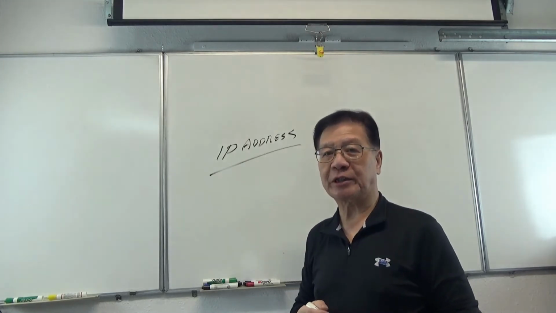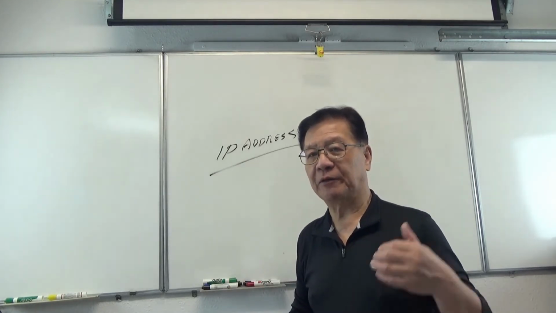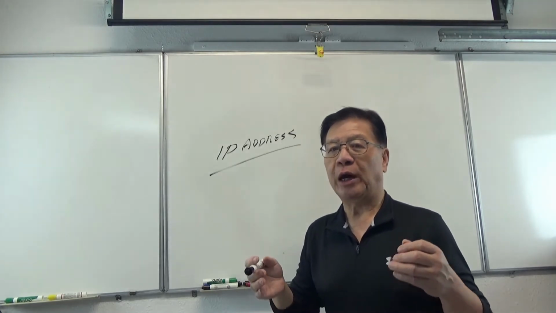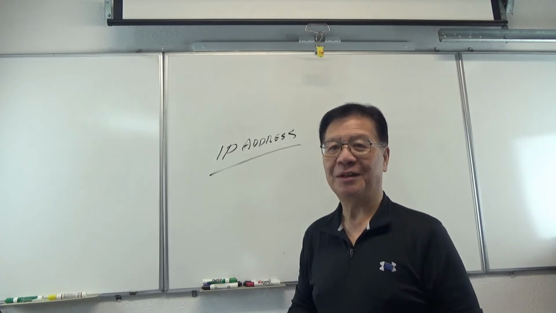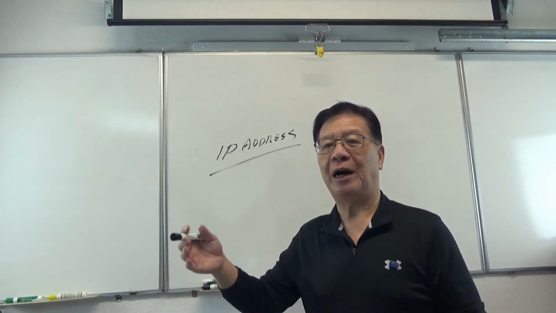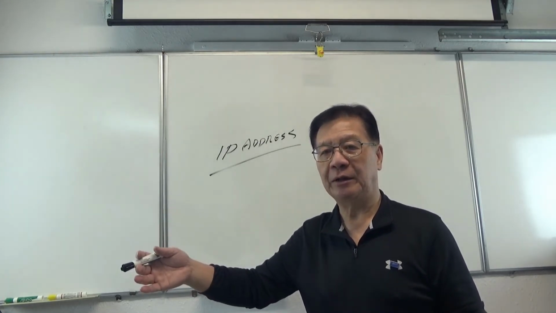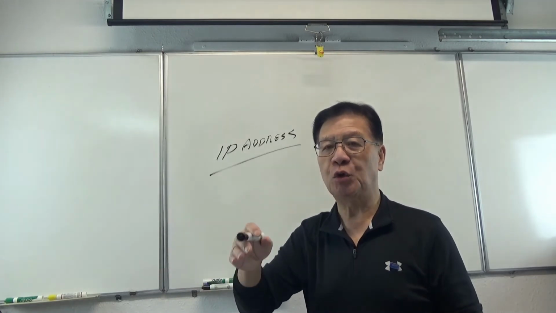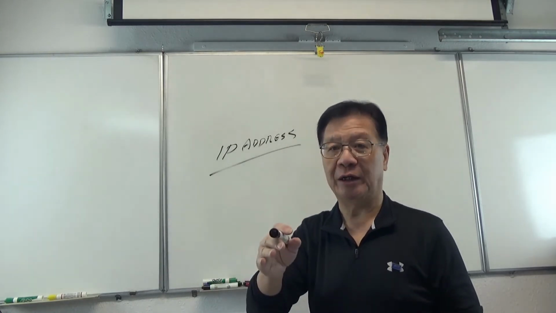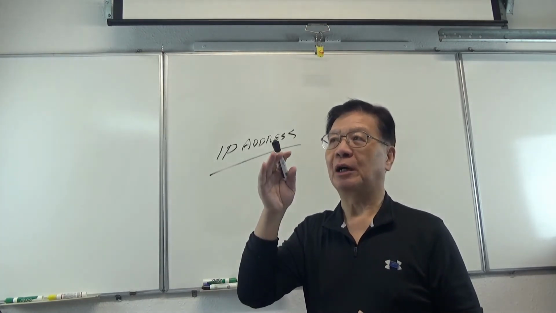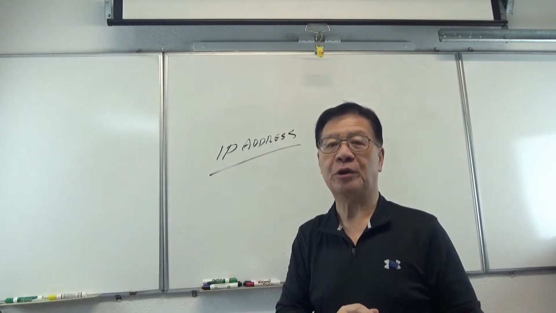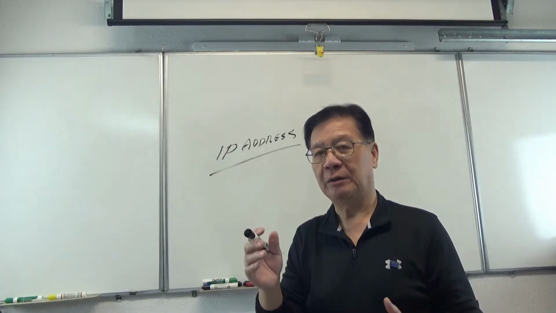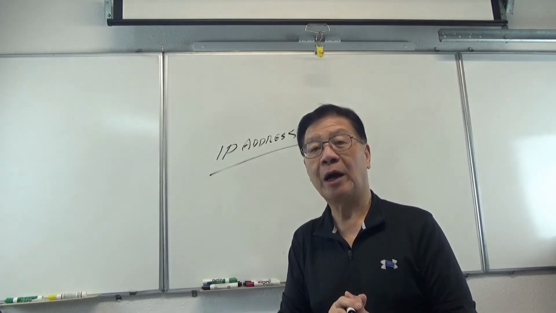Now, about the IP address, just like I explained in the last 2 sessions, we have the router. If you subscribe with an internet service provider, they will send you a unique, so-called global or public IP address. That's unique in the world.